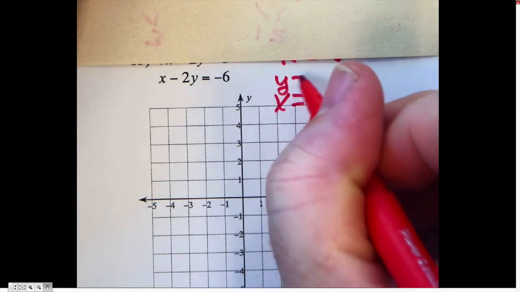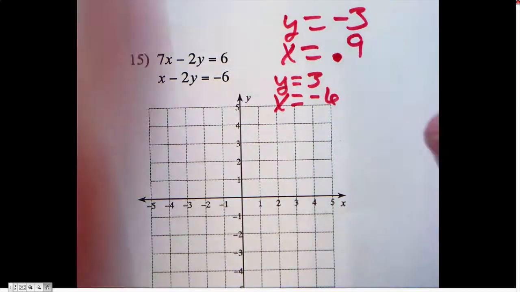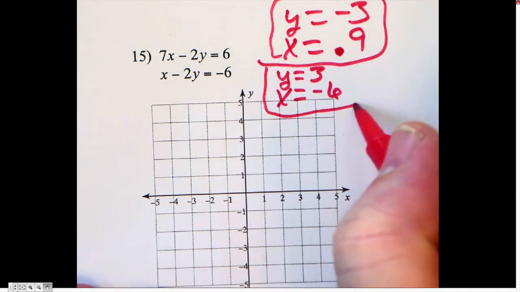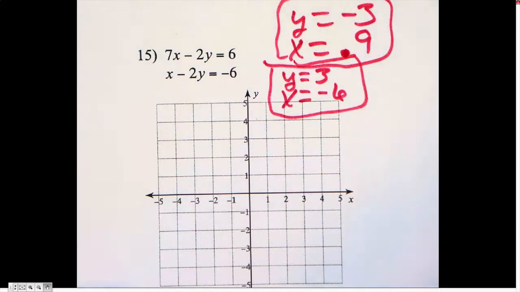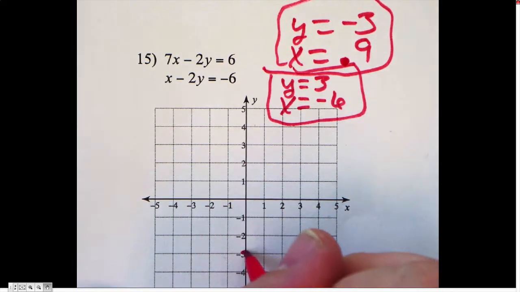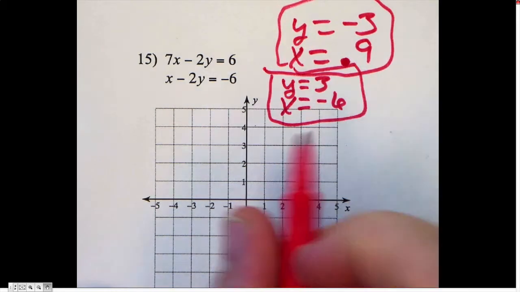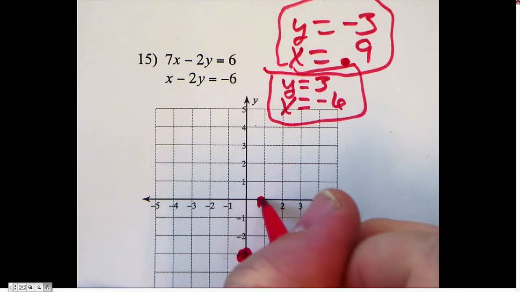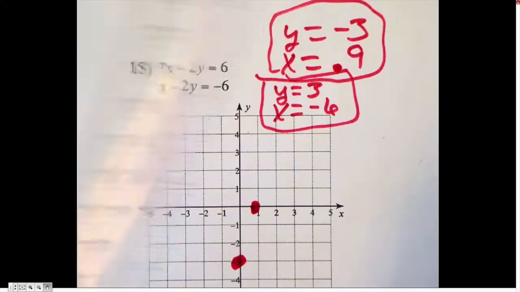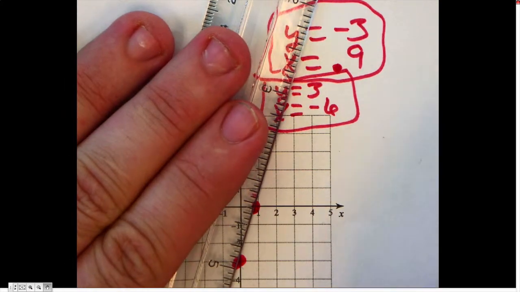So y equals 3. Now we have our two lines, line A and line B. I put those close together, so I'll circle them so they're separate. First one, negative 3 for the y, 0.9 for the x. So it's right there near 1, but not quite 1. I'll go ahead and draw that line.